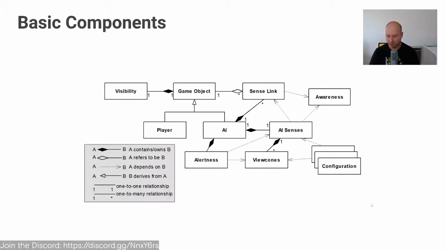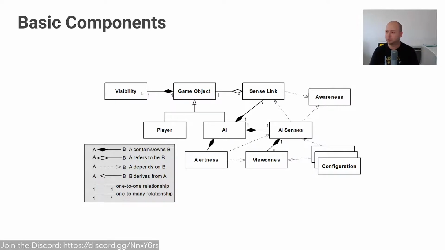So, going through the components, this is again based on Tom Leonard's talk, and it's a pretty valid type of system topology. You have a game object, a player or an AI, and we're mostly interested in the AI. The game objects are visible or not, so this is almost like an entity component system.